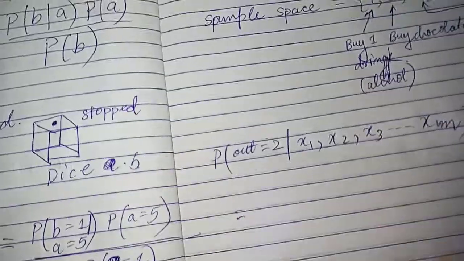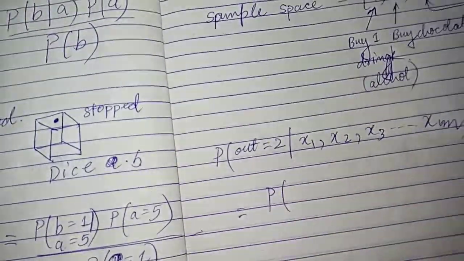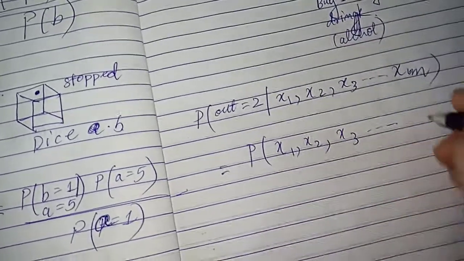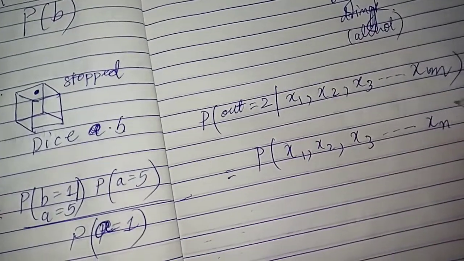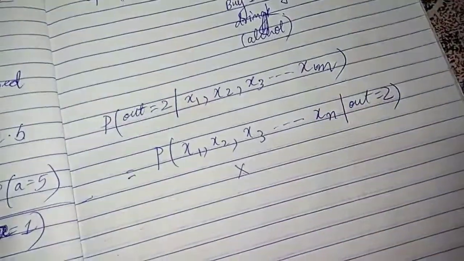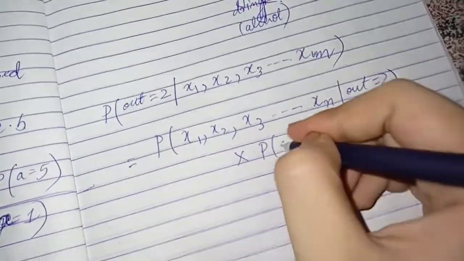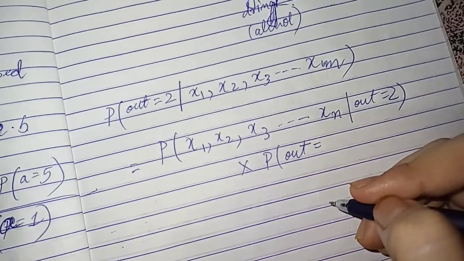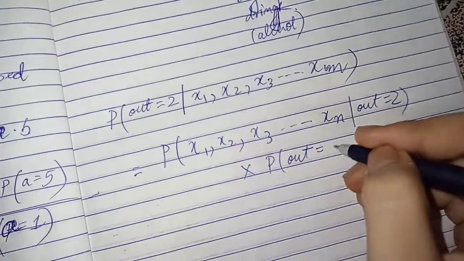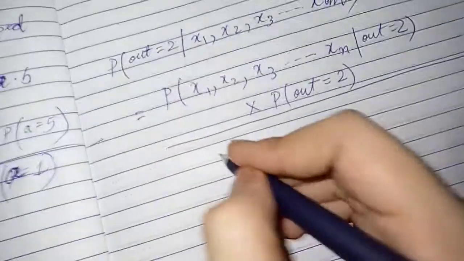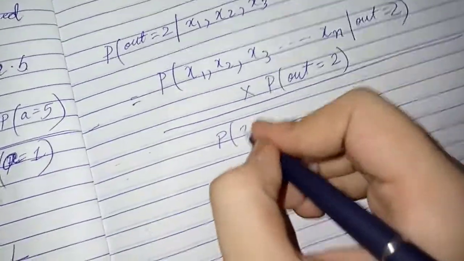So this is going to be p of x1, x2, x3 up till xn, given outcome is 2, multiplied by probability of outcome being 2, divided by the probability that you have all these parameters with you.